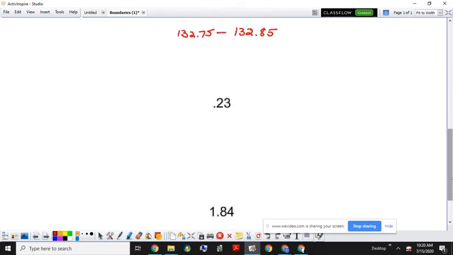Example 3: add a 0, plus or minus 0.005. Now this is the thousandths place, so wherever you add the 0, that's where you put the 5.